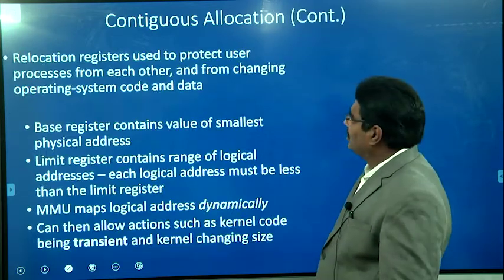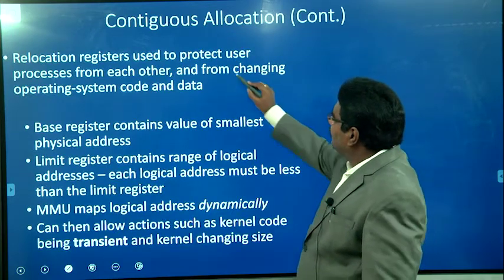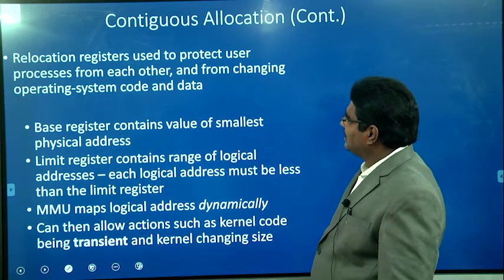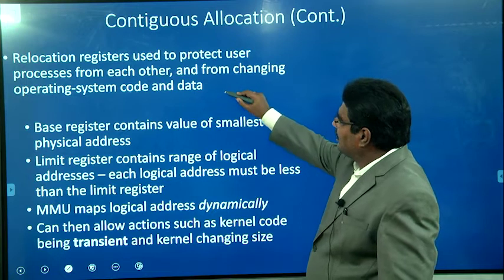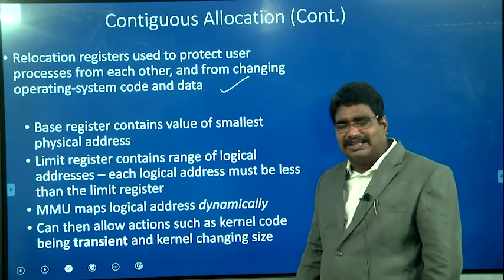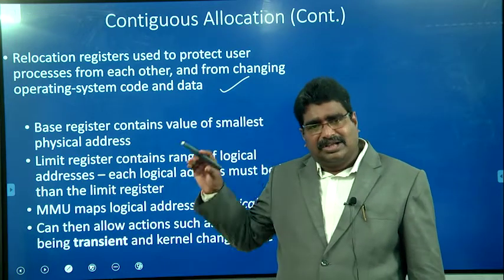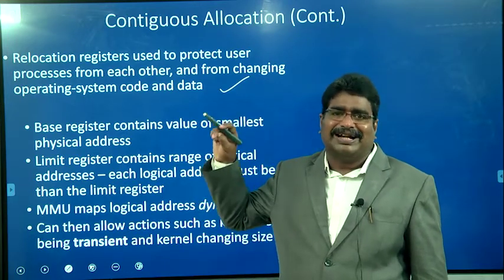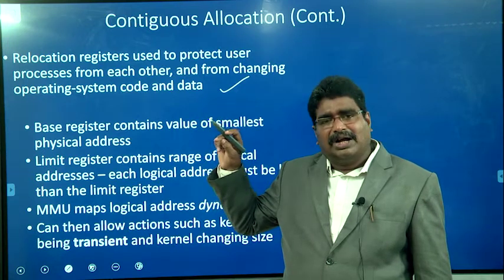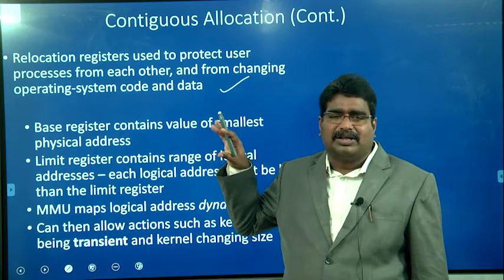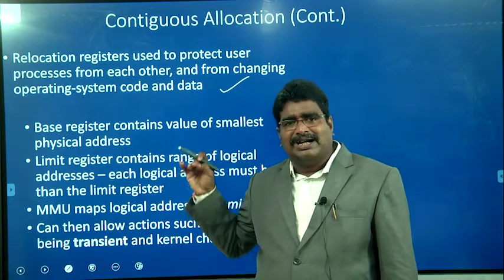Here the relocation register is used to protect user processes from each other and from changing the operating system code and data. Here they use the limit register and the relocation register. The relocation register holds the starting address of the particular process, and it is fixed based on the memory allocation, and we simply add the logical address.